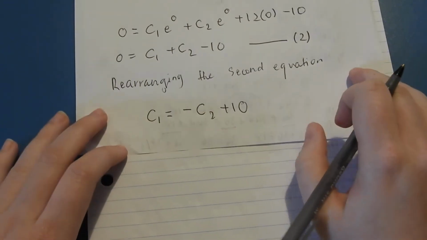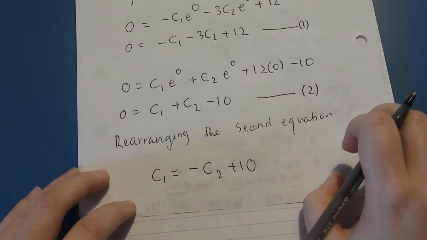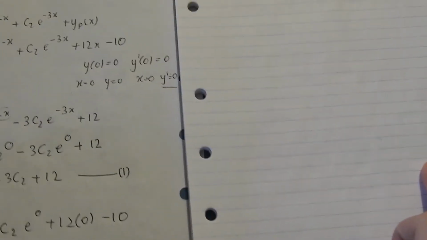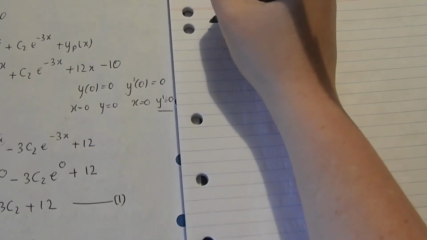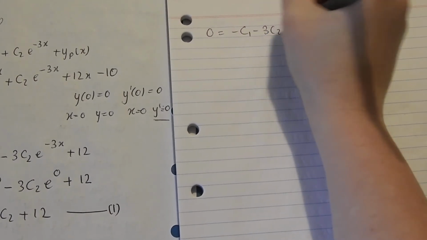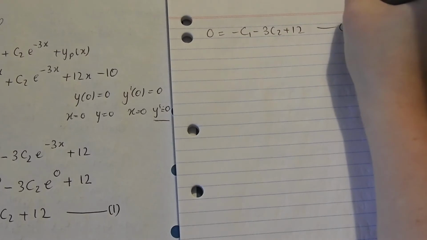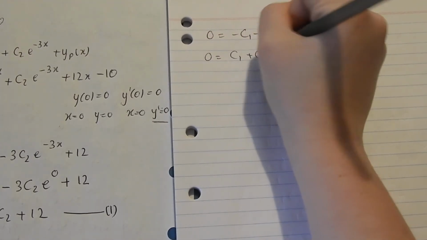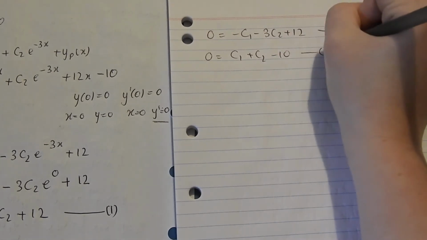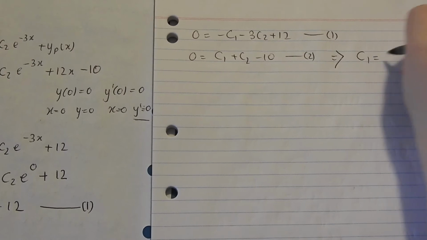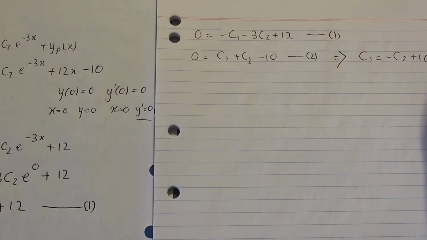Okay, so we've got our two equations. I'll just write them again. So we've got 0 equals negative c1 minus 3c2 plus 12, equation 1, and 0 equals c1 plus c2 minus 10, equation 2, and we rearranged this one as c1 equals negative c2 plus 10.